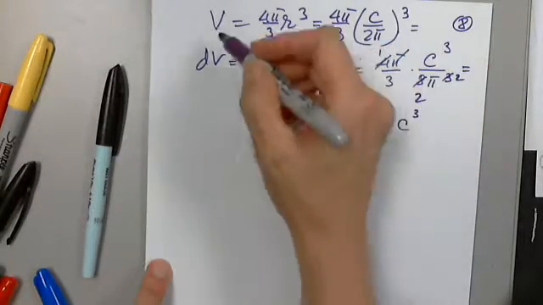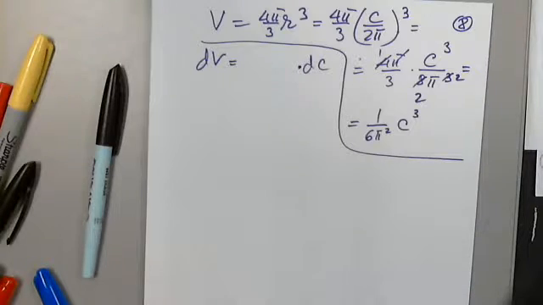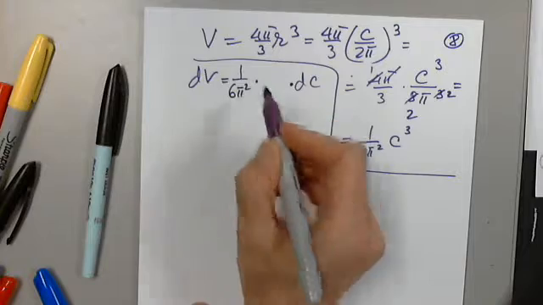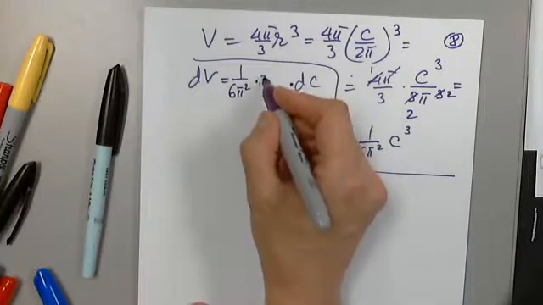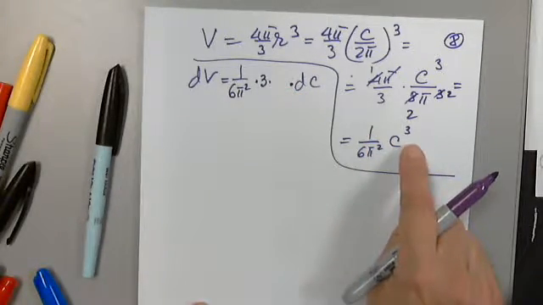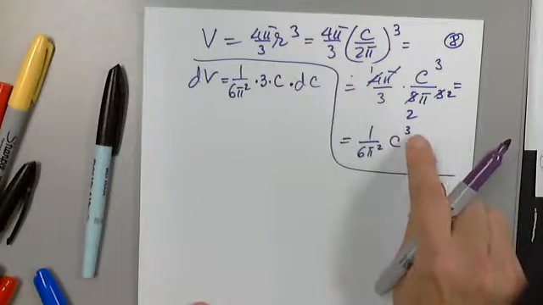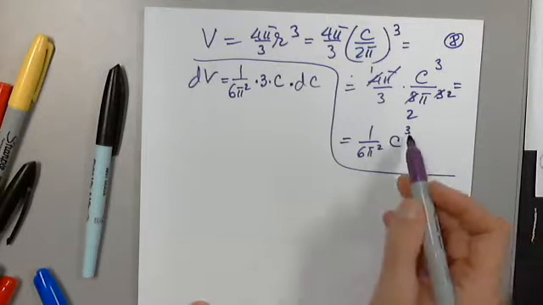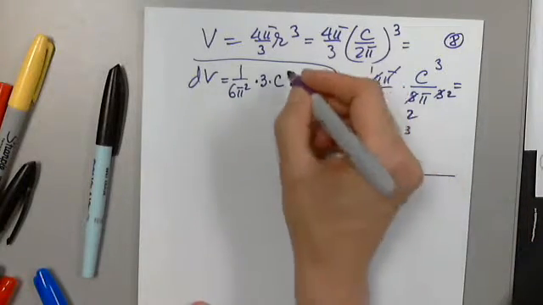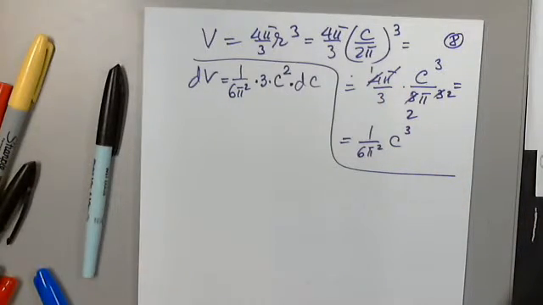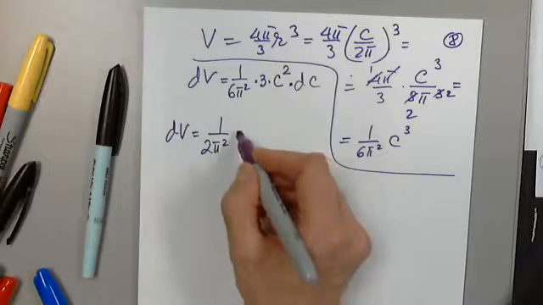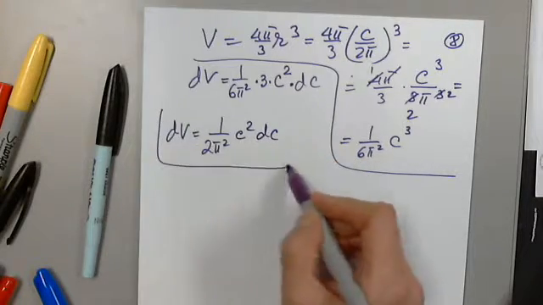So we have 1 over 6 pi squared times 3 times C to which power? We bring 3 down, we subtract 1 from the power, 2. Finally, dV equals 1 over 2 pi squared C squared dC.